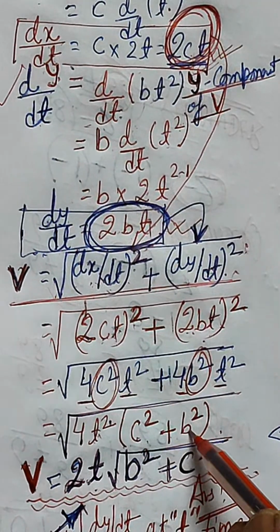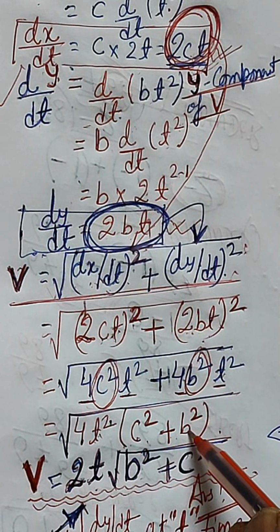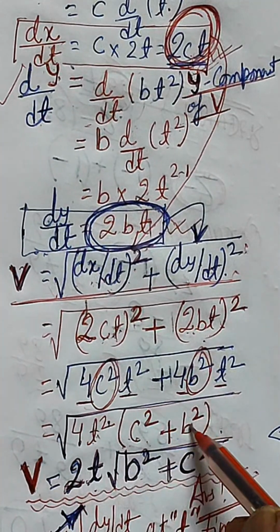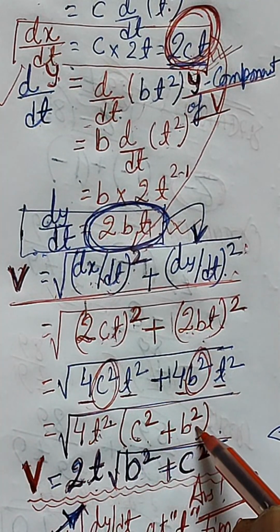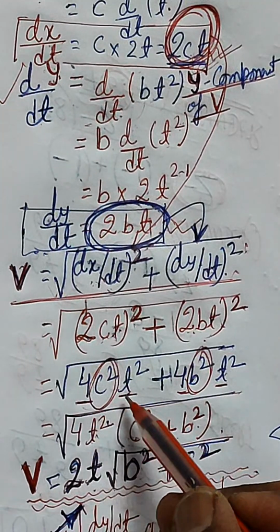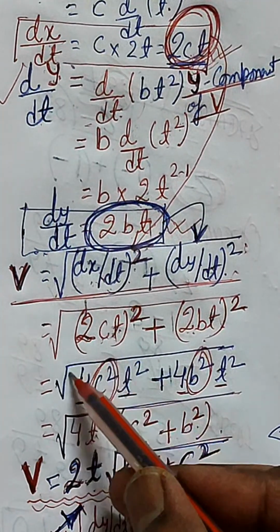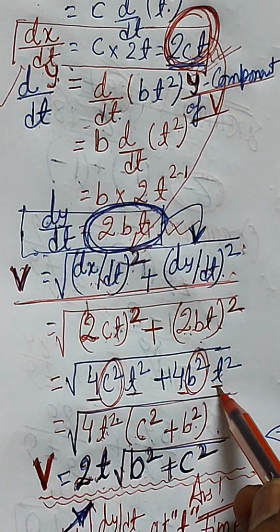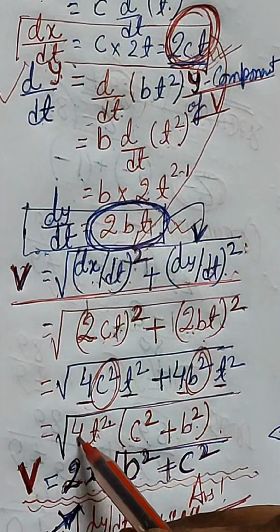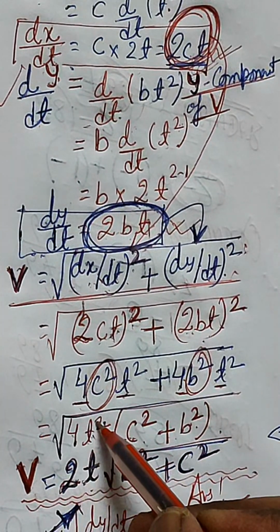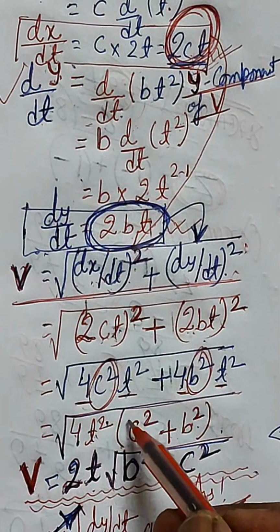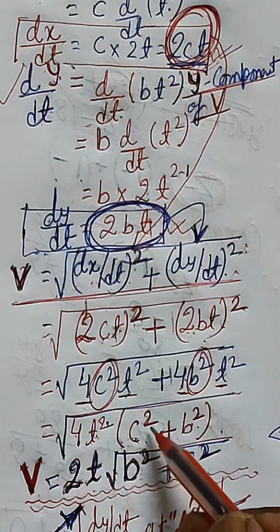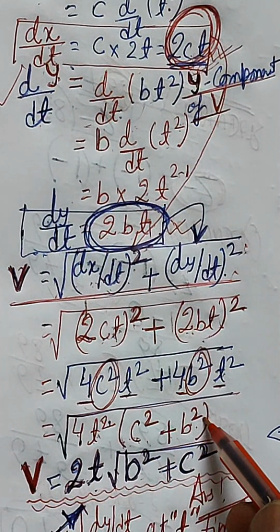So c square plus b square is left over, and this 4t square is taken common from the first term, and this 4t square is taken common from the second term. So since 4t square is taken as common, inside the bracket we are left with c square plus b square.